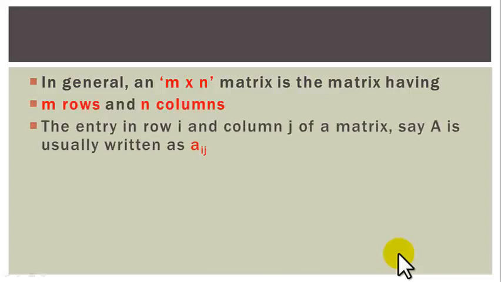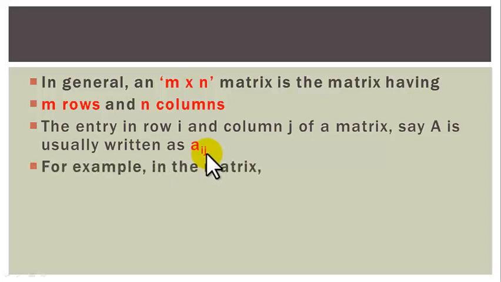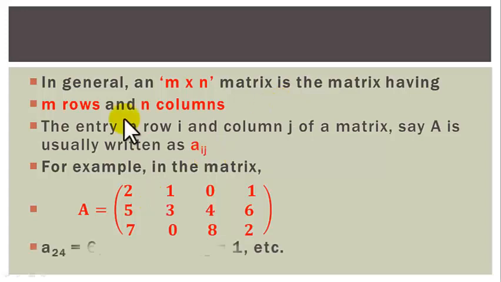The entry in row i and column j of a matrix, say A, is usually written as A sub ij, where i represents the row and j represents the column. For example, in this matrix A, the entry A24, that is the element in row 2 column 4, is 6.